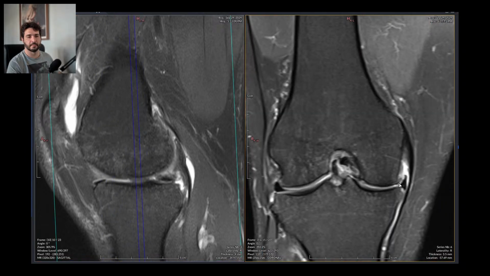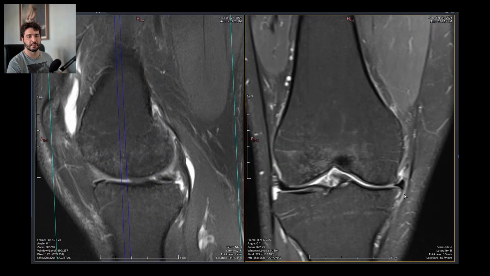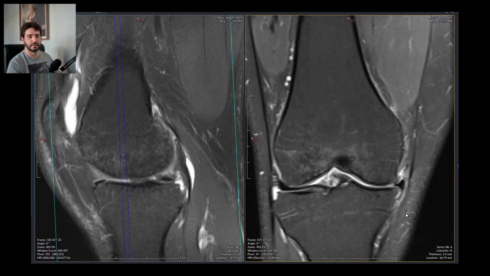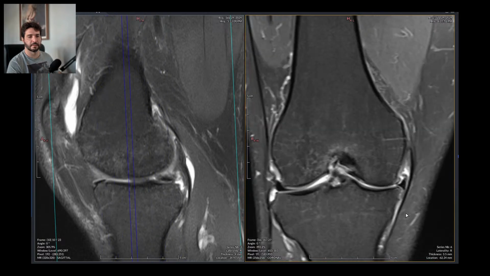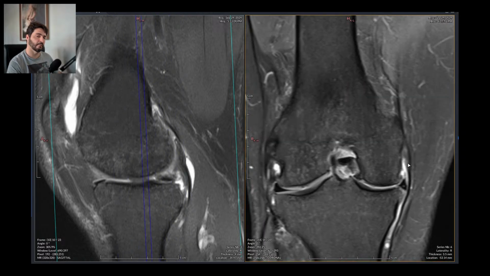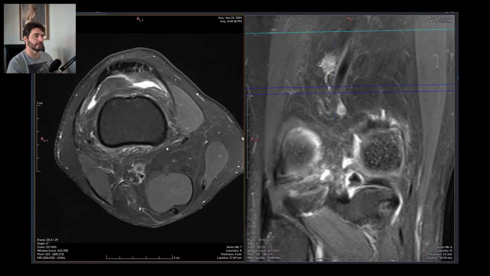I can see there is an amputation of the free margin right there of the body of the meniscus. This is probably a radial tear, and there is a clear extrusion of the body of the meniscus right there. So I have a very severe meniscal disease right there, which makes sense since there is arthrosis right there on the same compartment. So let's go for the axial view.